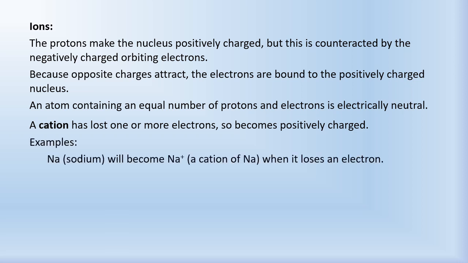Good examples here are sodium, Na, which will become Na plus, a cation of Na, when it loses an electron. Notice here we're using the chemical symbol and a small plus to denote it. And this is because it's more precise than just writing sodium, because if we write sodium, we have to write the word cation. So it's much easier and more accurate to use the chemical symbol and the little plus symbol.